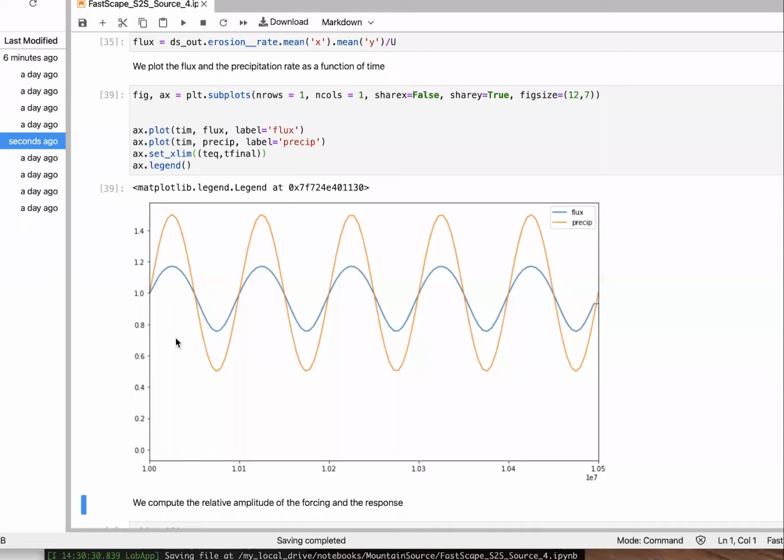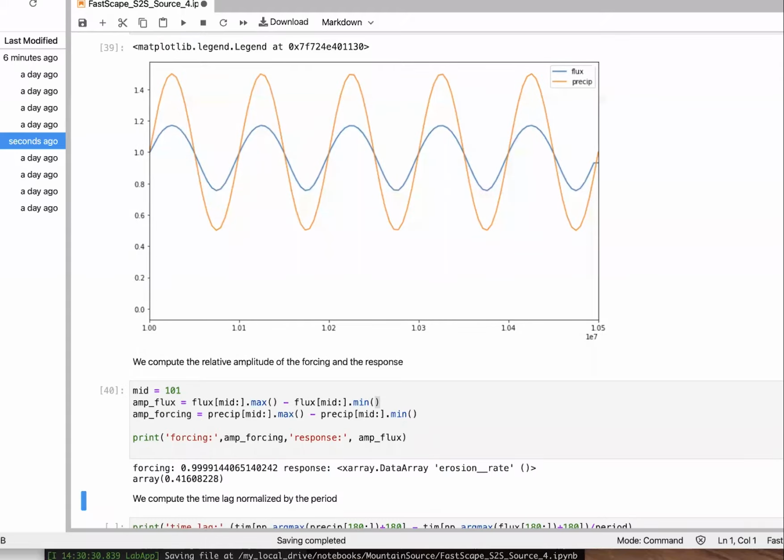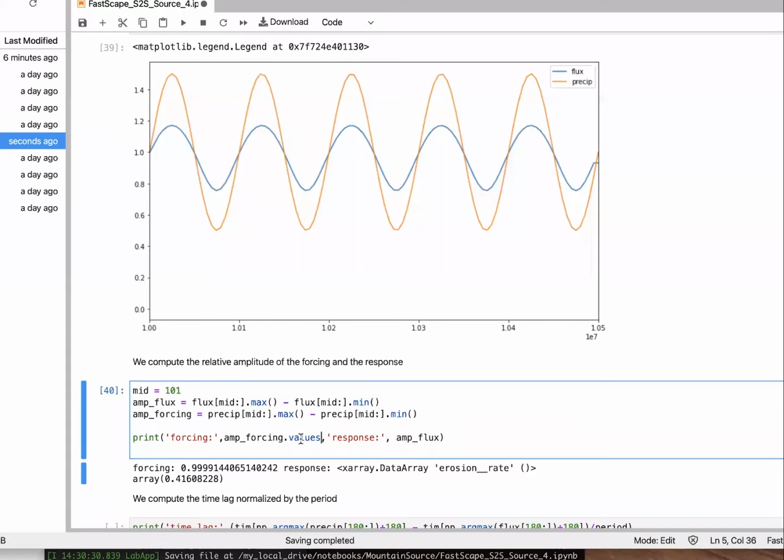We can actually quite easily compute the amplitude of this. I'm going to put, so it looks cleaner, whoops, I shouldn't do this, obviously. What have I done wrong?